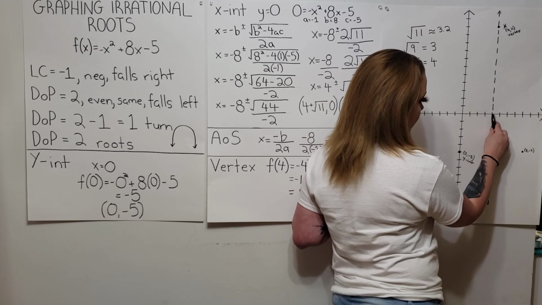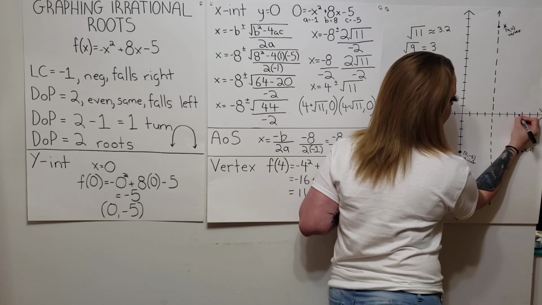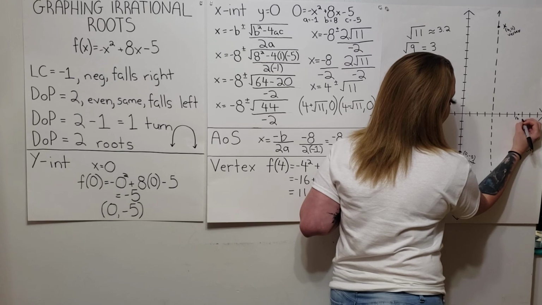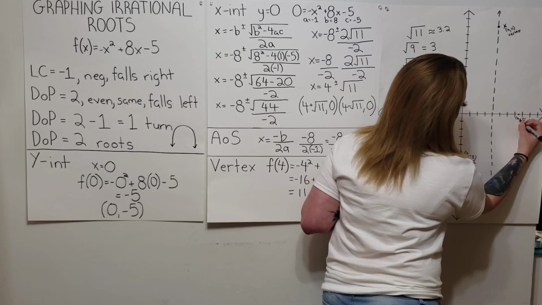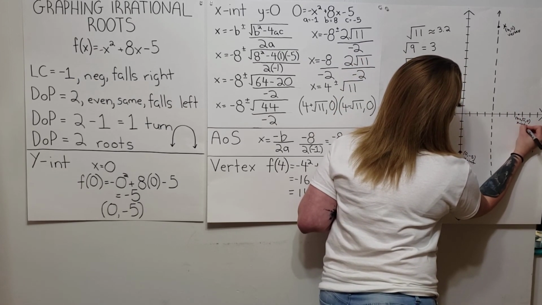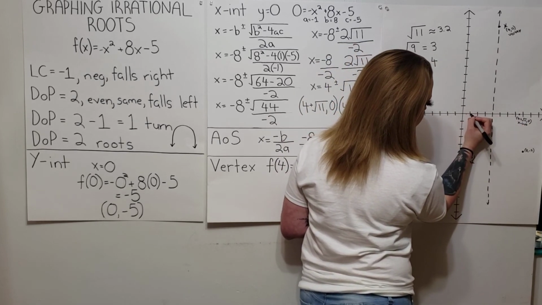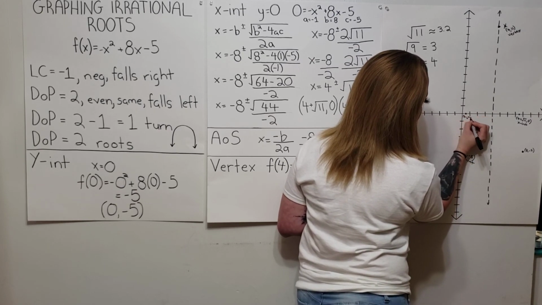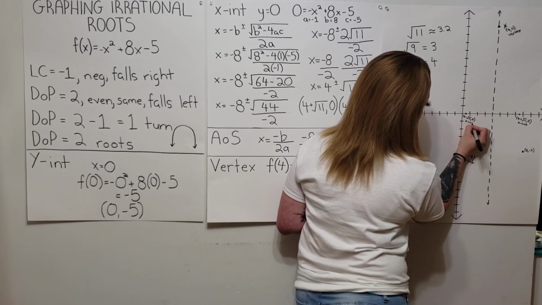Starting at our axis of symmetry, we're going to move over 1, 2, 3, and a little bit to find our 4 plus the square root of 11 and 0, x-intercept. We're now going to move backwards 1, 2, 3, and a little bit to find our 4 minus the square root of 11 and 0, x-intercept.